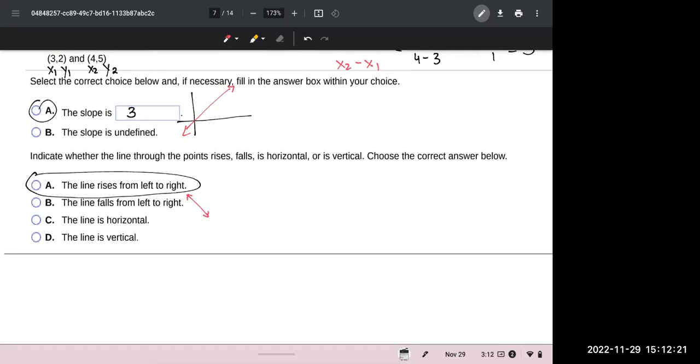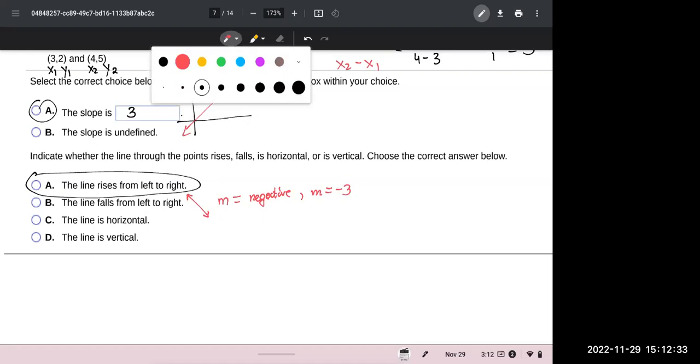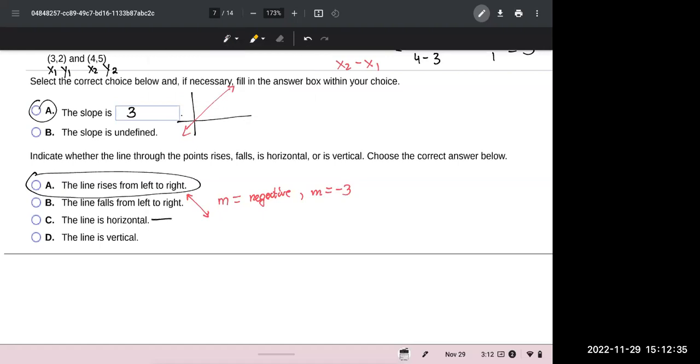That's going to happen when the slope is negative. So when you will have, for example, m equal -3. The line is horizontal. So horizontal line right here, this is the shape of horizontal line. That only happens when m is equal 0. Okay, so when the slope will be equal 0.